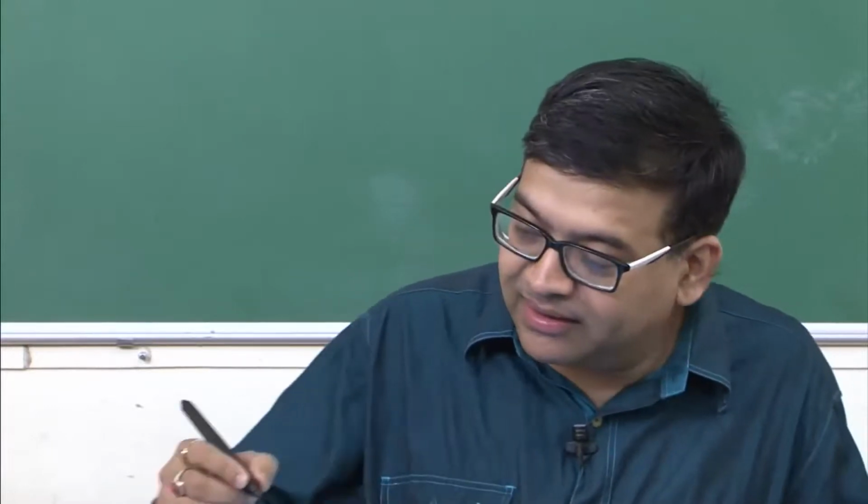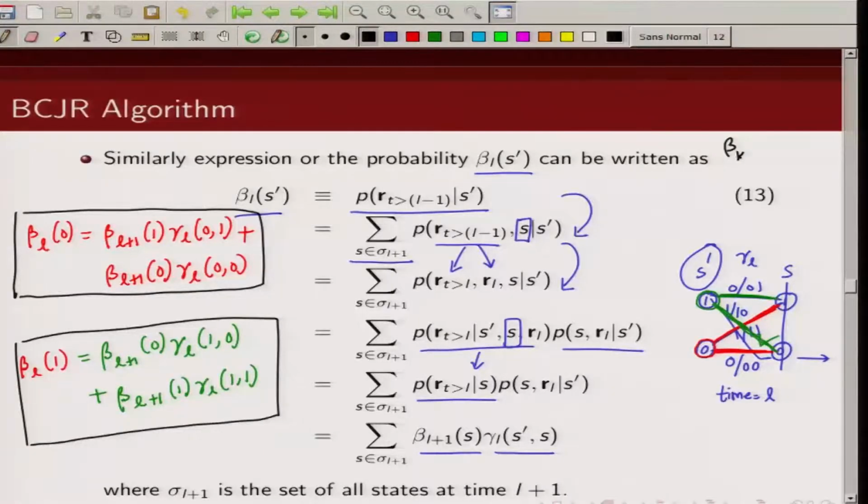If the encoder is terminated, that means the encoder is brought back to the all 0 state, then beta at the end of the block, at time k, at state 0 will be 1, and for all other states it will be 0. In this case there are only 2 states.